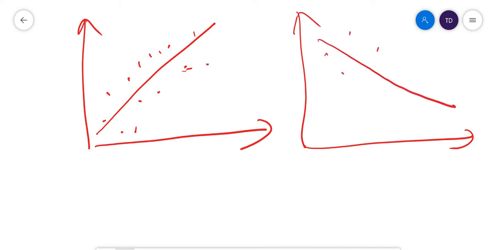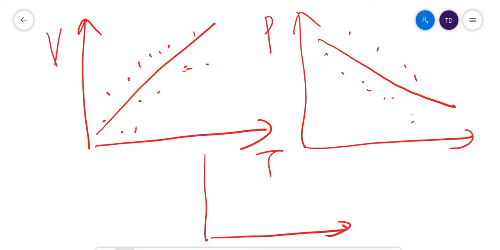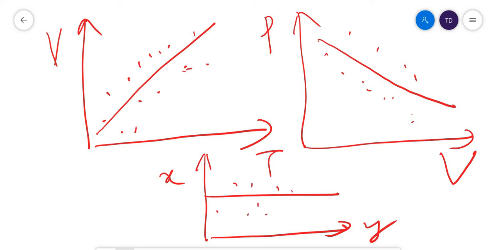Here, directly proportional, you can take as volume and temperature. Inversely proportional, you can take as pressure and volume. Then for some variables x and y, if there is no relationship, you will get a plot like this. There is no relationship between these two variables.